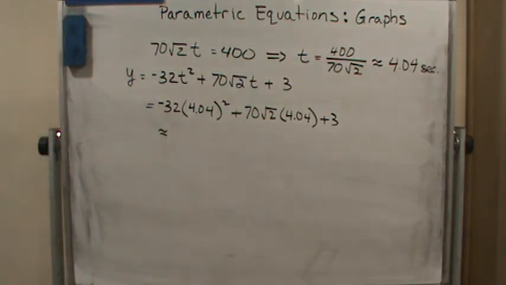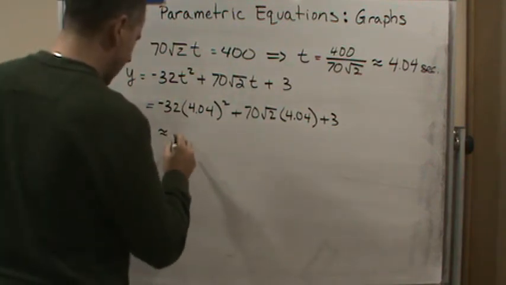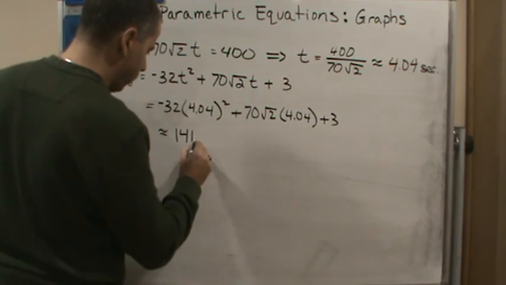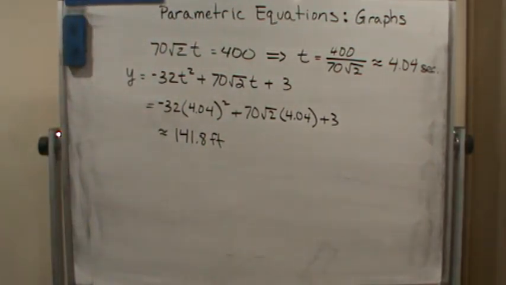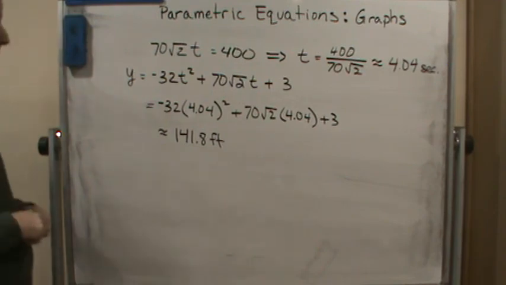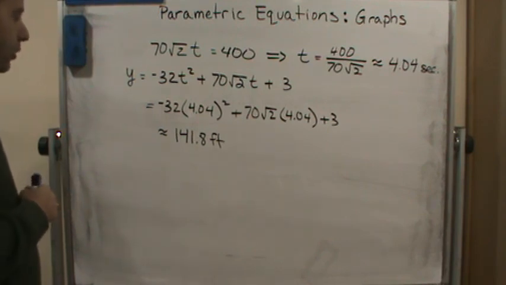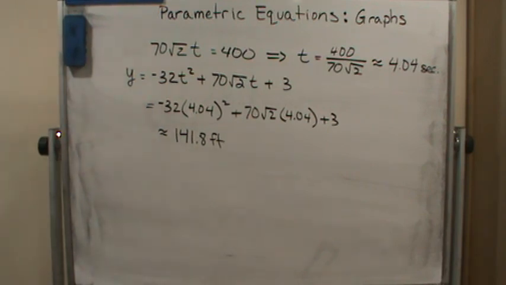Wow, holy cow. I get an approximate height of 141.8 feet above the ground. That is definitely a home run. It is definitely over 10 feet. So yes, in this scenario, it would definitely be a home run. It would be out of the ballpark for sure.